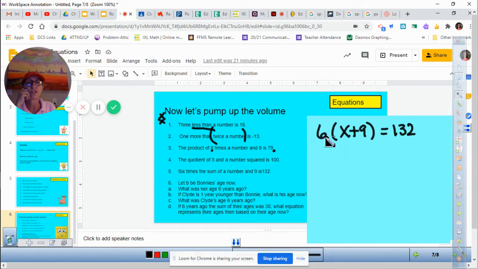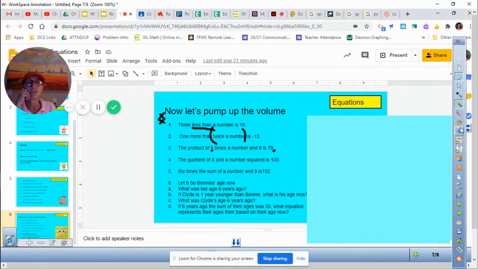And these are going to be a series of expressions, and we're going to end in an equation. So number 6 says, let Bonnie's age today, right now, be B. What was her age 6 years ago?